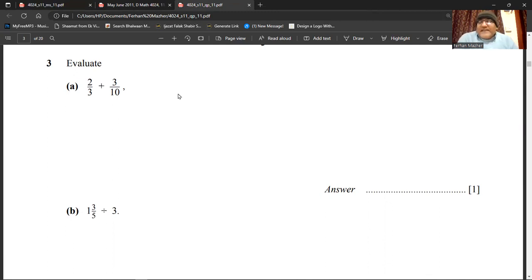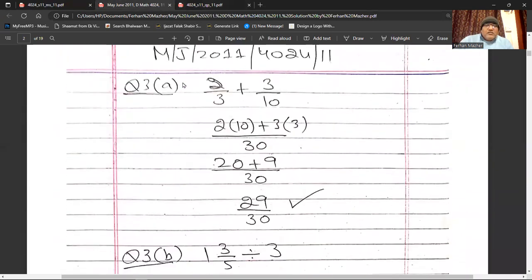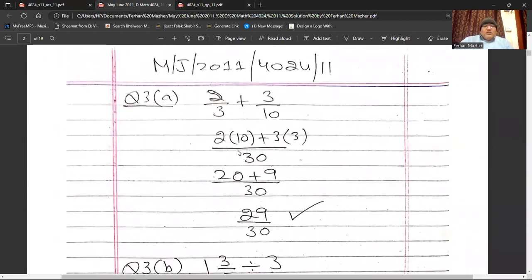Question number 3 is A part. 2 by 3 plus 3 by 10. These are two fractions and we want to add them. So we will take their LCM. The denominators are 3 and 10, so the LCM will be 30. When you divide this LCM with the first denominator, you get 10. The 10 will multiply with the numerator, so 2 multiply 10 plus.